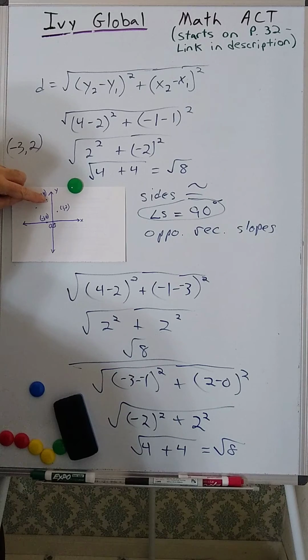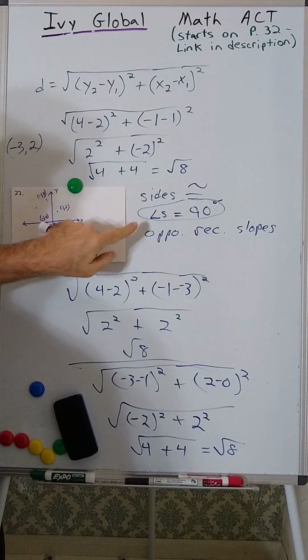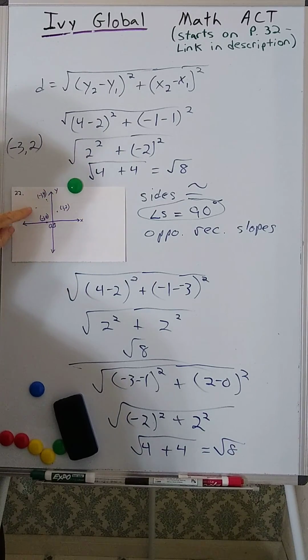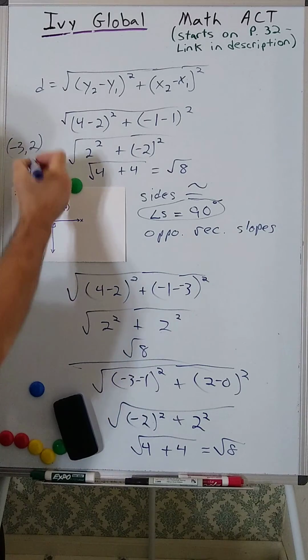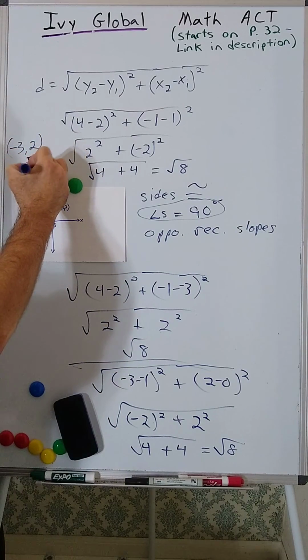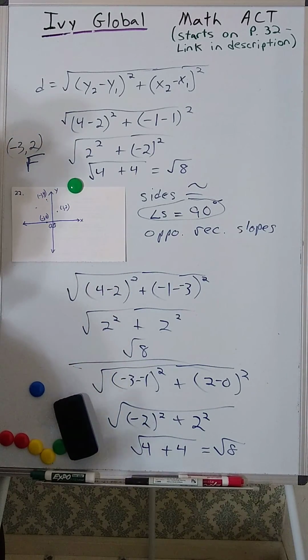So these sides all have a measure of square root of 8, so all the sides are congruent. We've checked the angles. So this is the missing vertex, and that is choice F. So for 22, the answer is F.